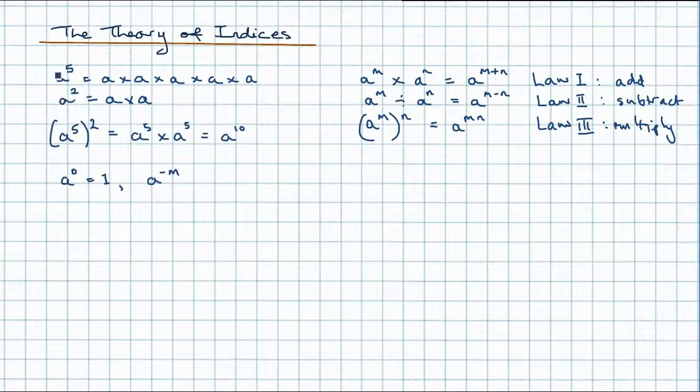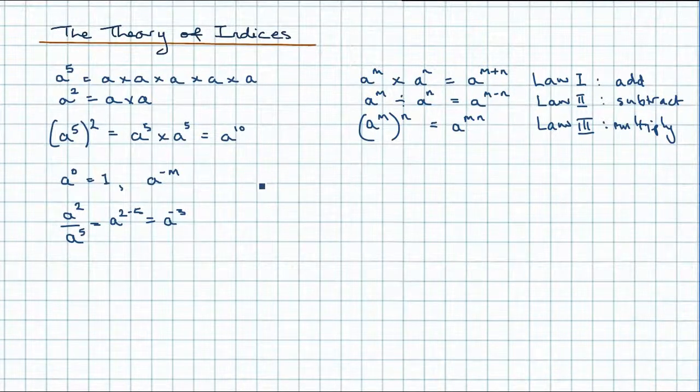Well, if we do some working here, again, if we work with ordinary numbers in the index, if we had a to the power 2 divided by a to the power 5, we know that's when you subtract, and that's when you're going to get a negative. So you're going to have a to the power 2 minus 5, which is going to give us a to the power minus 3. Well, what does that mean exactly?